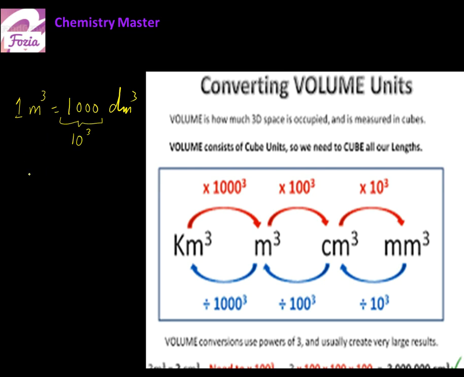Further, 1 decimeter cubed is equal to 1000 cm cubed. Again, they are related by a factor of 10 raised to the power 3. These relations will help you in solving calculations and numericals in your exam also, so just remember them.